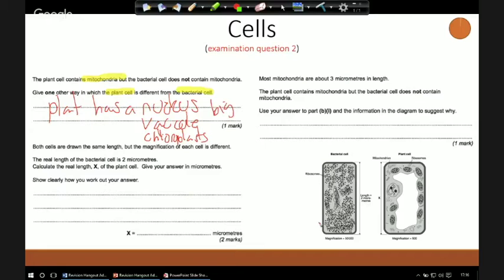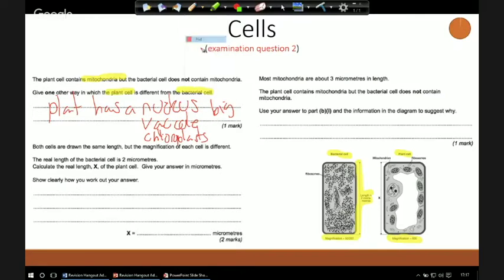Now for our second mark, we need to look closely at the diagram here. The clue is written in the magnification of my plant cell and the magnification of my bacteria. I know that this particular bacteria is 2 micrometers, and they've drawn the plant cell the same length.